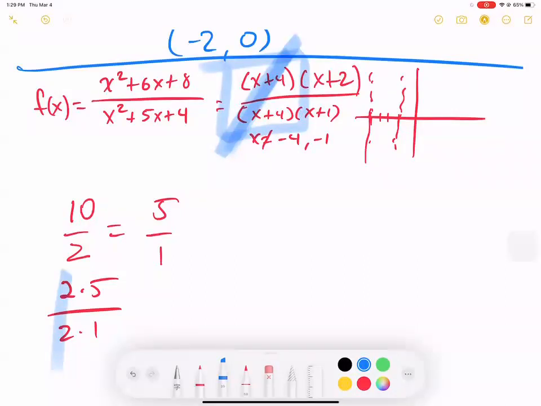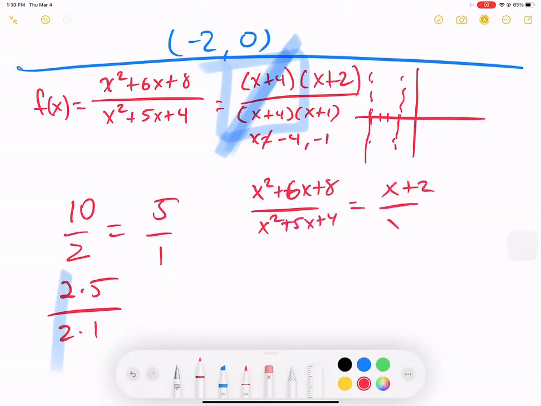But is there any difference between 10 over 2 and 5 over 1? Numerically, no. So is there a difference between the graphs x squared plus 6x plus 8 versus x squared plus 5x plus 4? Is there any difference between these two graphs? The answer is almost. These are almost the same thing.